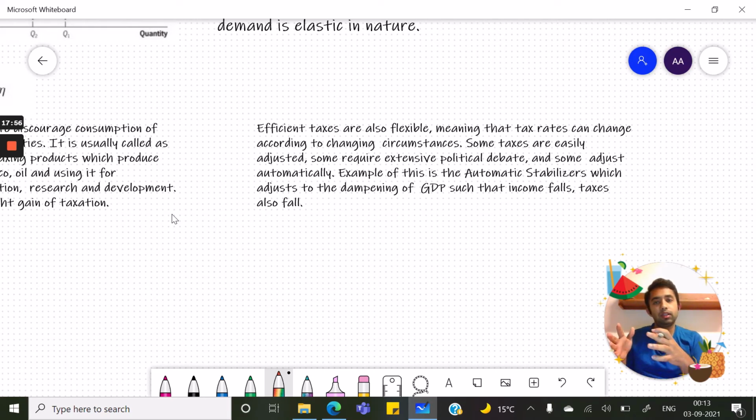So flexibility in an efficient tax system means that as the scenario of society and economy changes, the tax rate should also adjust to that changing scenario, right? So the tax system should act as an automatic stabilizer which adjusts to the increase or decrease in GDP, right? So this is what flexibility means for an efficient tax system.